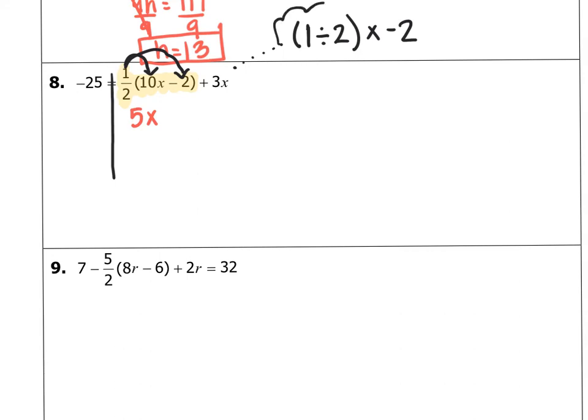So that's what you're typing in your calculator. So 1/2 times -2 gives me -1. And then bring down this plus 3x, bring down the equal sign, and bring down -25.